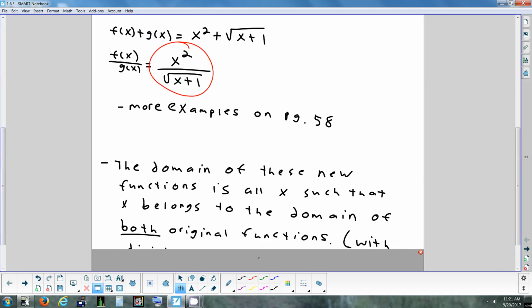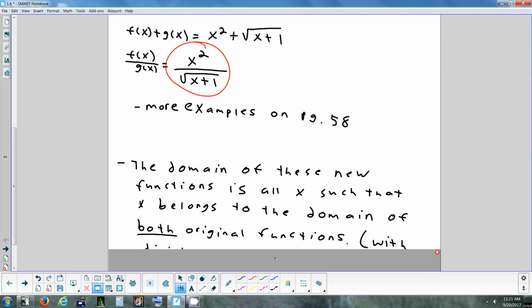Right, so if we look at f of x was x squared, can someone tell me what's the domain of x squared? What numbers are you allowed to plug in for x and square? All real numbers. You can square any number you want.